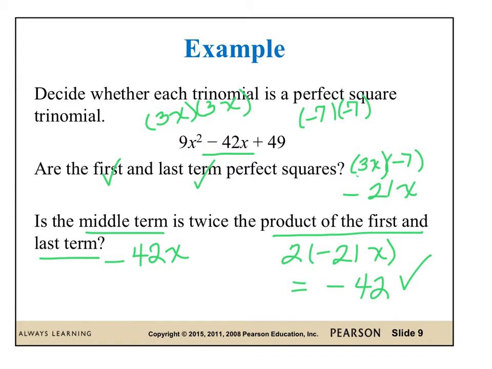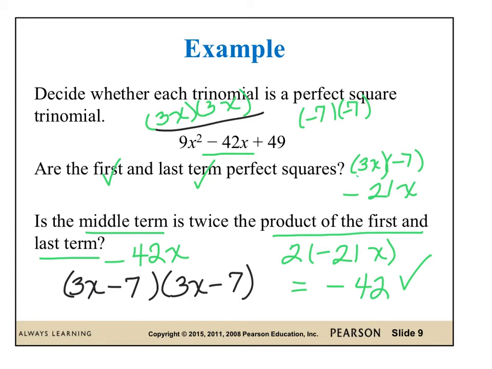We also know at this point that since this did fit all the criteria, the factorization is 3x and 3x for the first term, and -7 and -7 for the second term. And that does give us the -42x for the middle term.